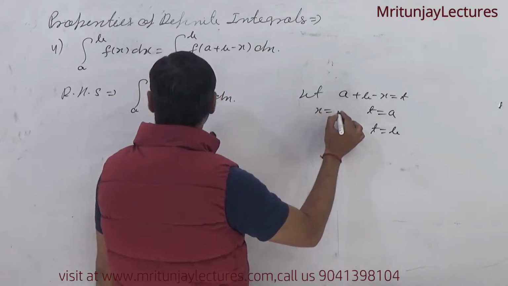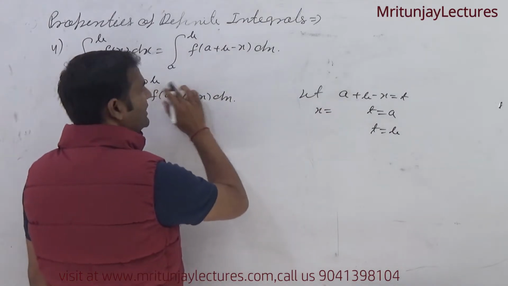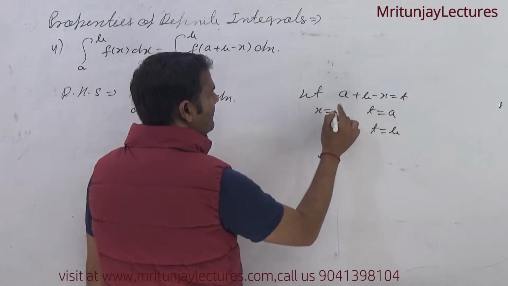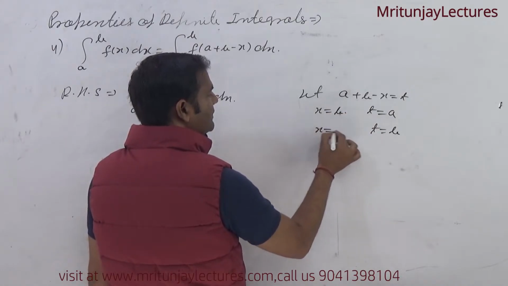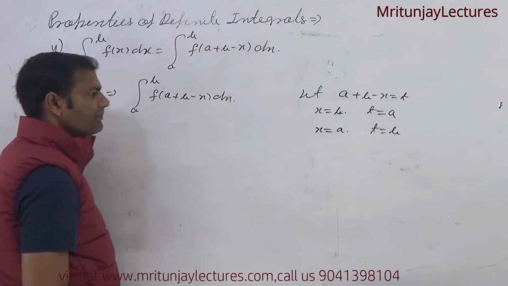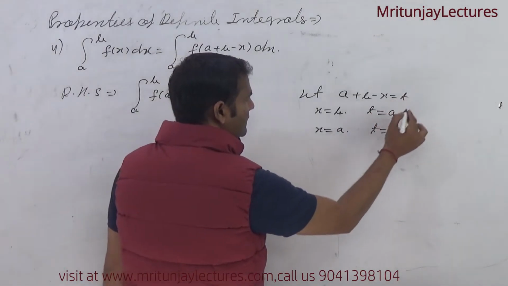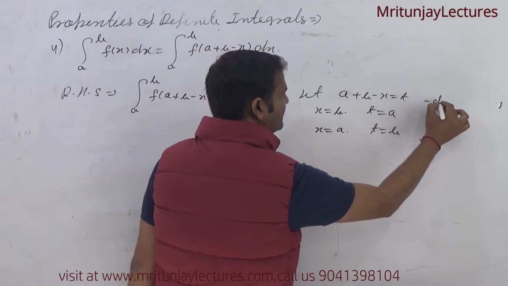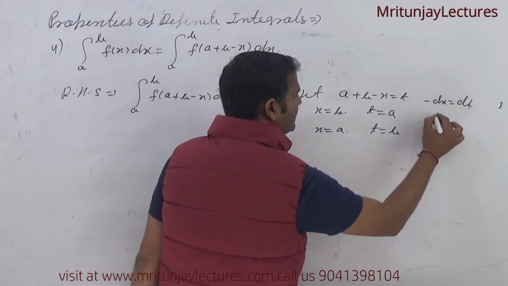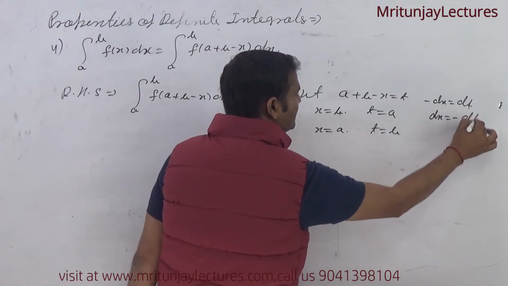Now what about minus dx? It is equal to dt, so dx is equal to minus dt.